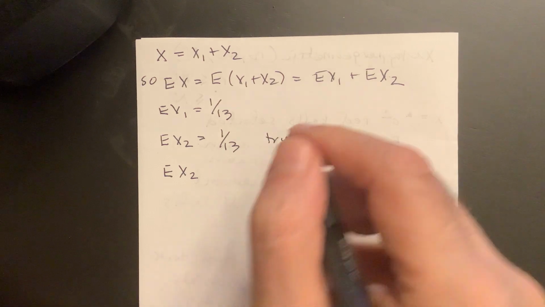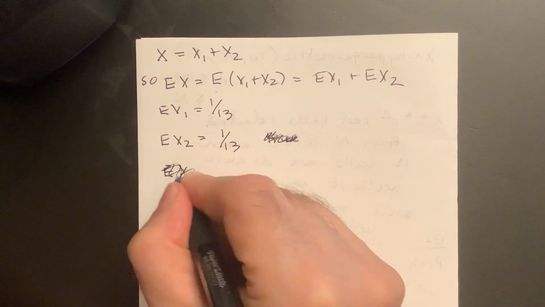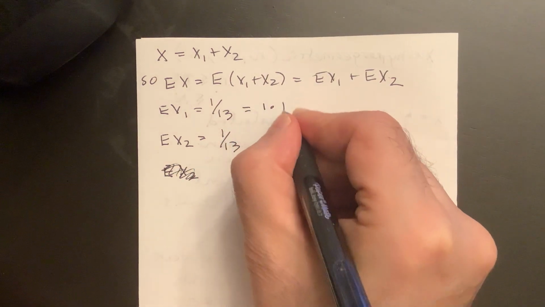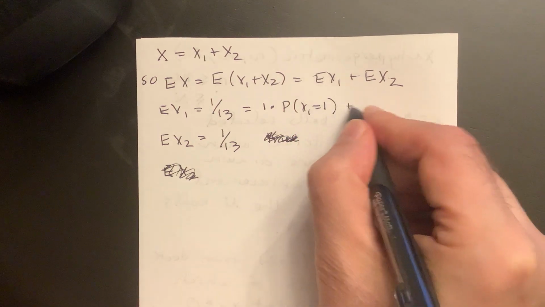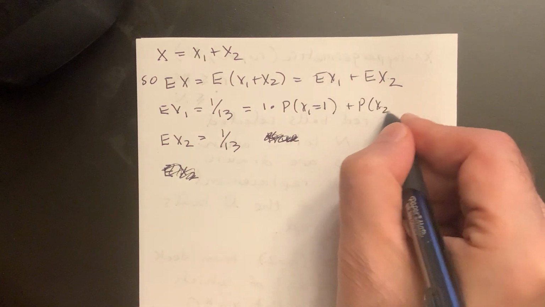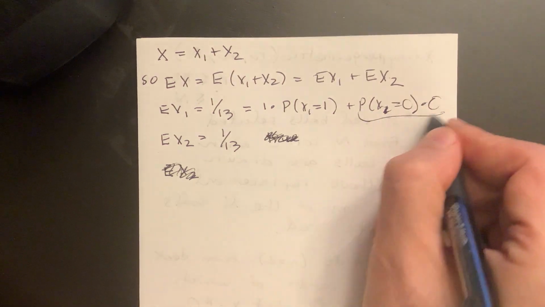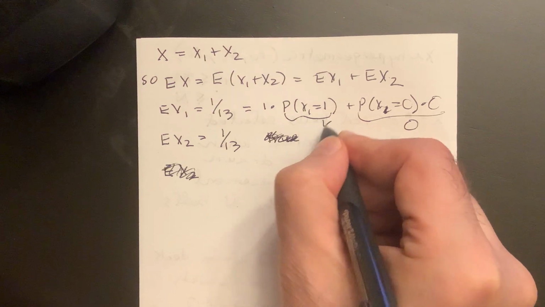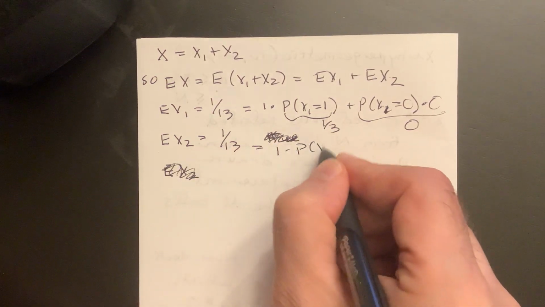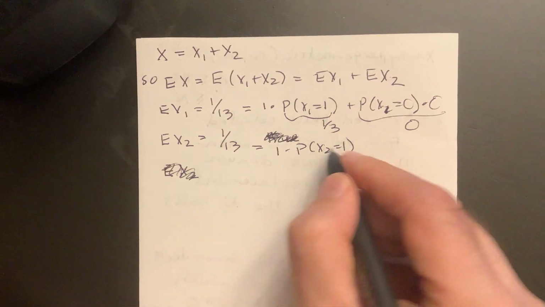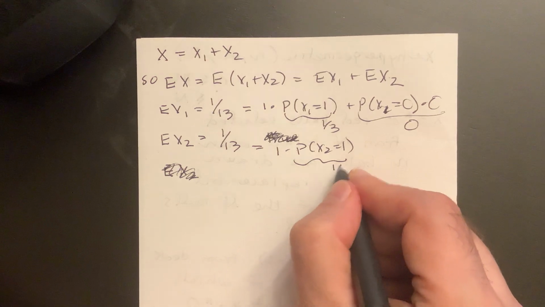This is true because this is equal to 1 times the probability x1 equals 1 plus the probability x1 equals 0 times 0. So this is 0. So this is 1/13. Same reason here, right? This is equal to 1 times the probability, and then plus 0, this is equal to 1/13.